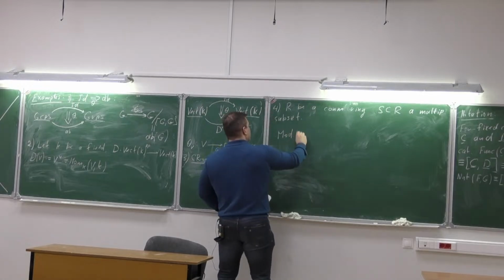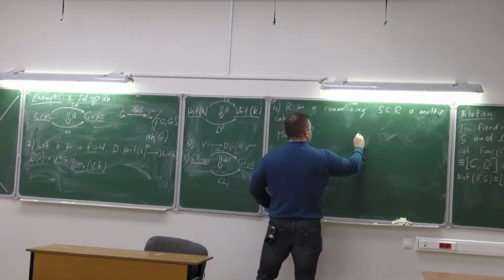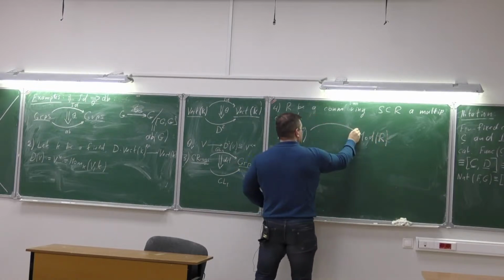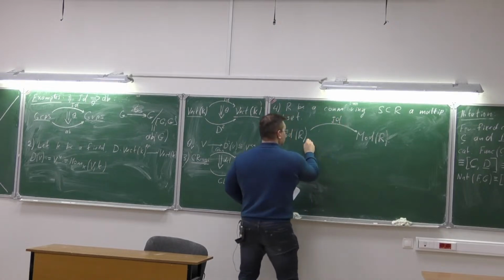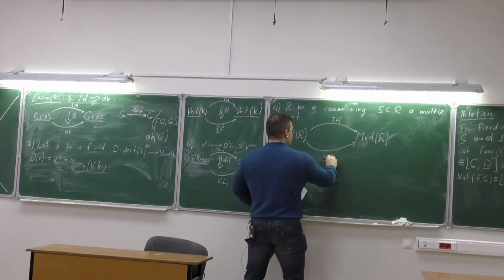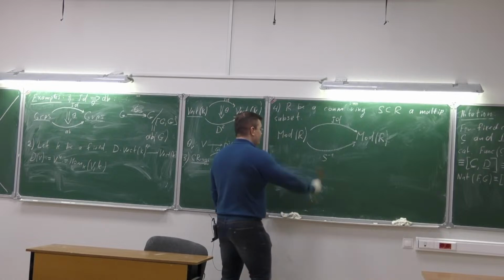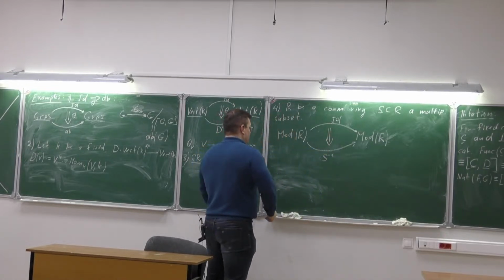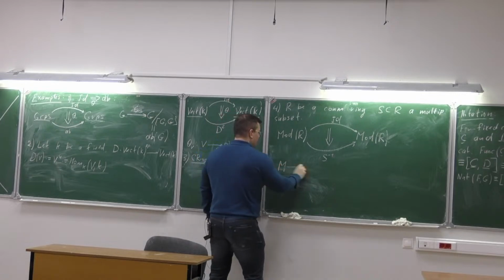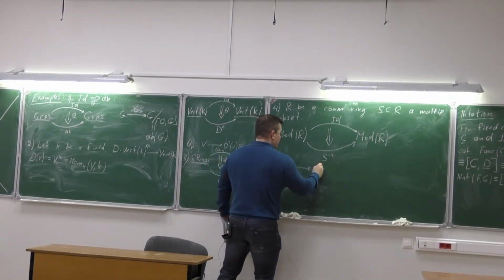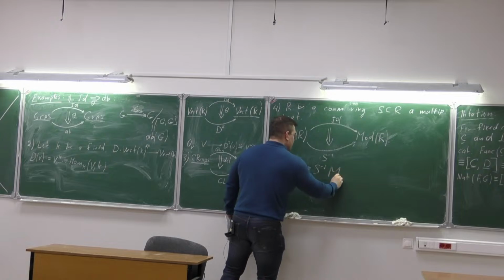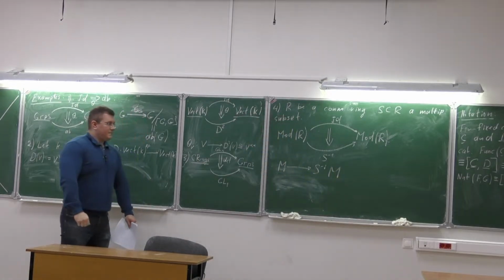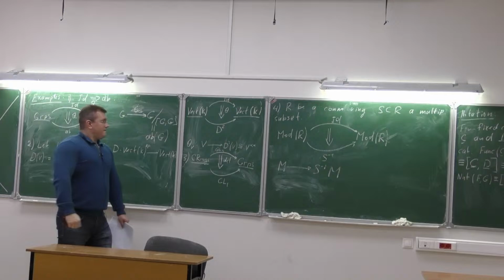Take modules over R, and two functors. The first one is the identity, and the second one is the localization at S. And there is also a natural transformation because you have a canonical map from the module to the localization of this module at any multiplicative system S. So that's another example.